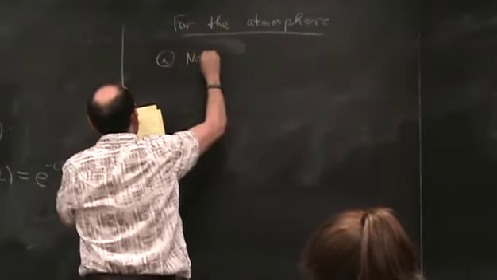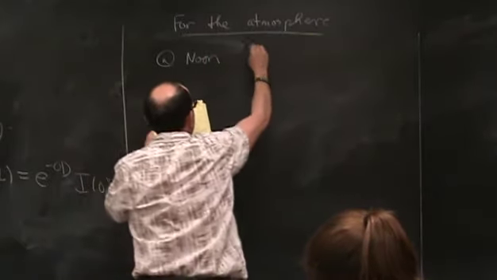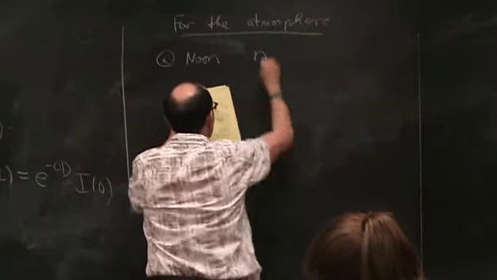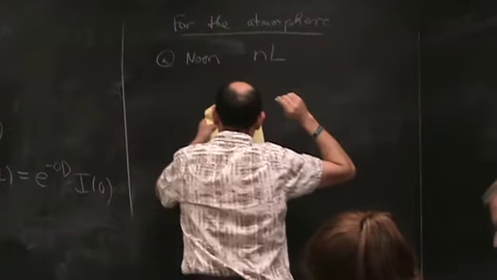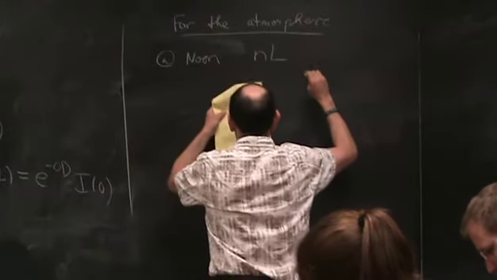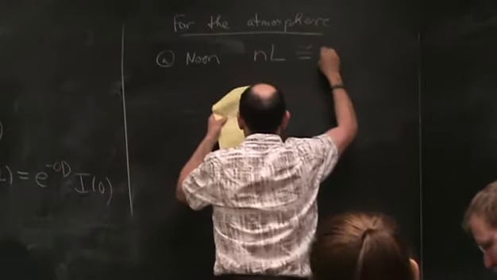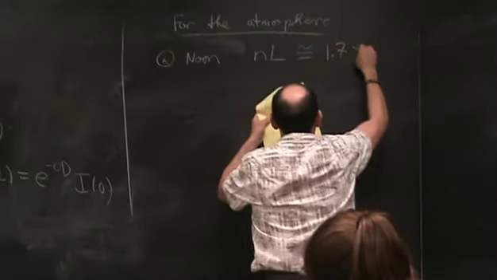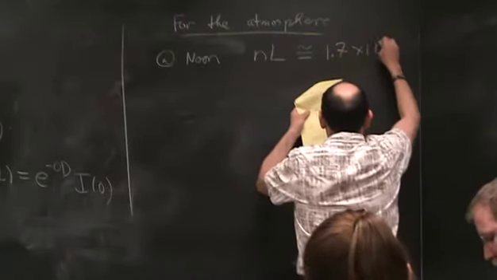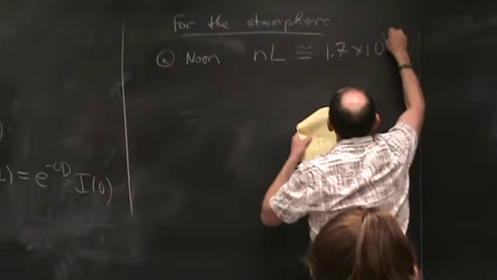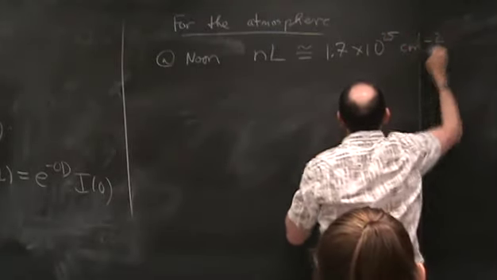At noon, the density of nitrogen molecules times the thickness of the part of the atmosphere that we care about is approximately equal to 1.7 times 10 to the minus 25 per centimeter squared.